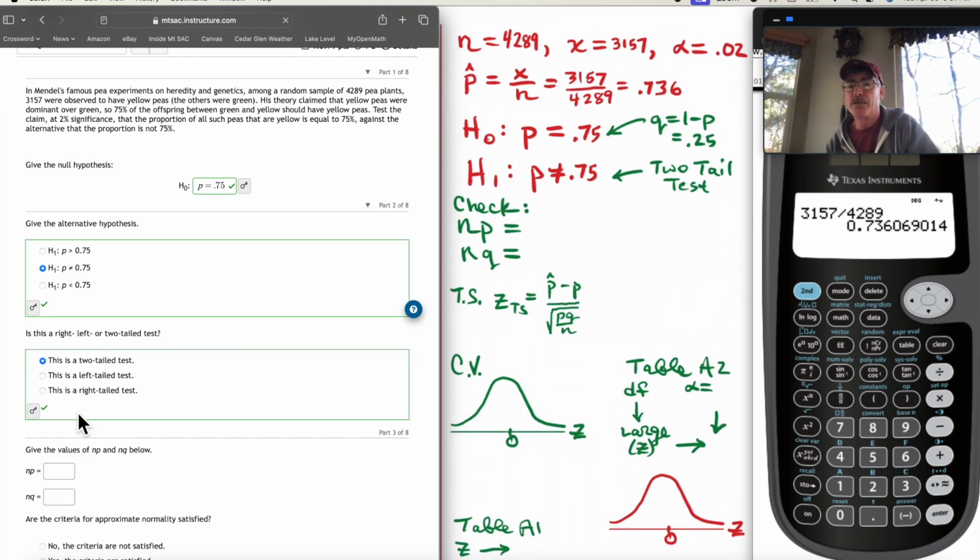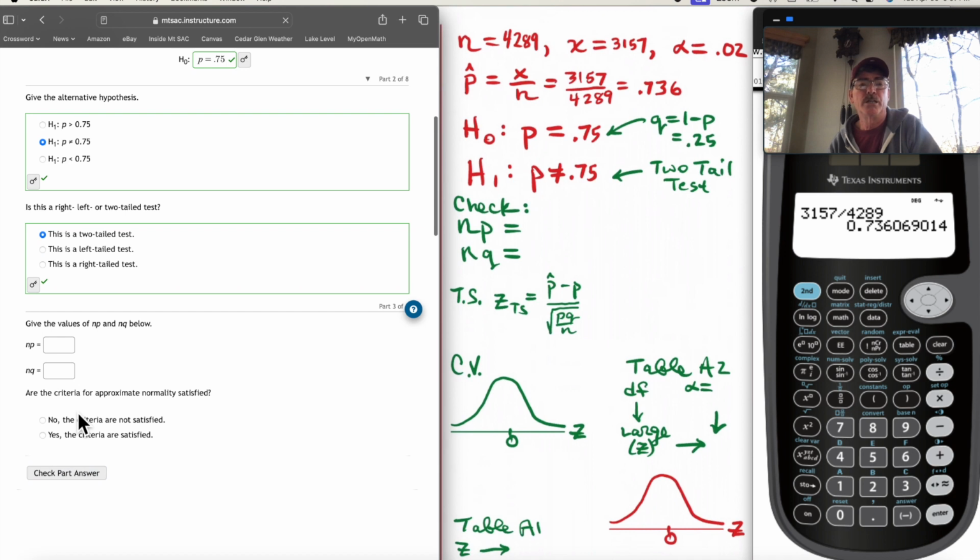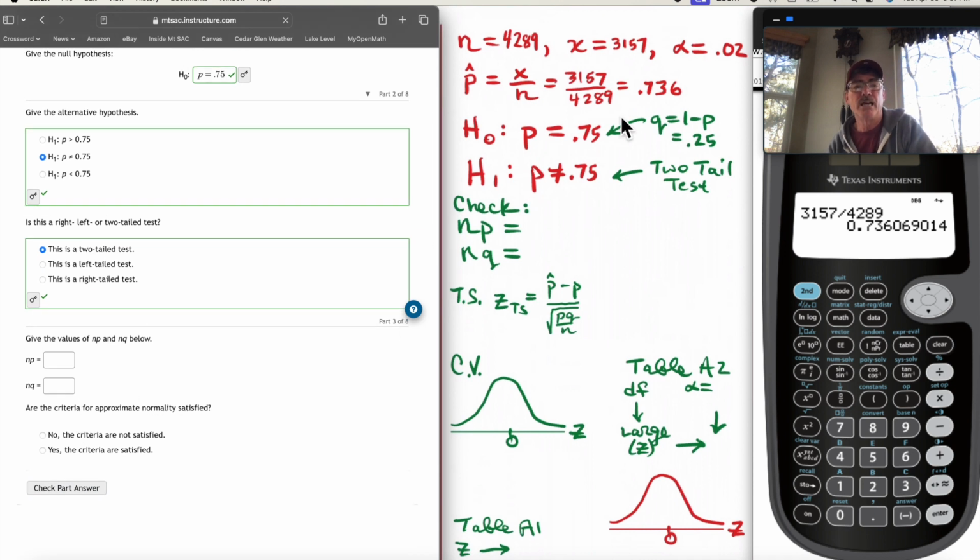Okay, so at some point, we're gonna need to do our P hat value. We did it up here, so that's good.